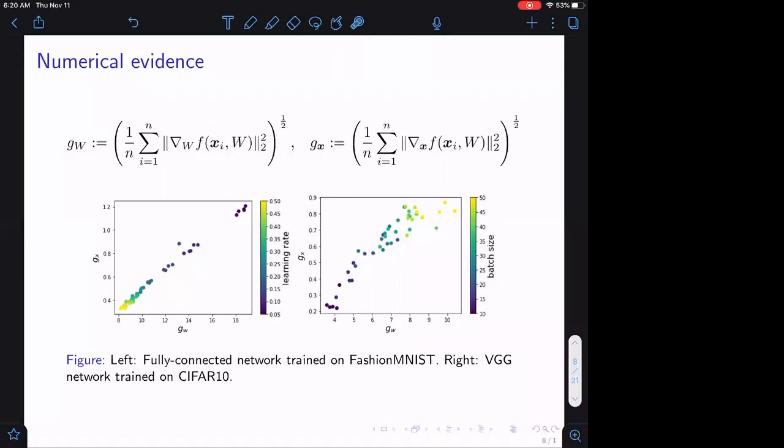Here the color coding shows that we vary the batch size, so we train our neural network with different batch sizes. And again, here you roughly see a linear trend. It bends down a little bit, but it's consistent with our theorem saying that GX should be bounded by a linear relationship multiplied by GW.